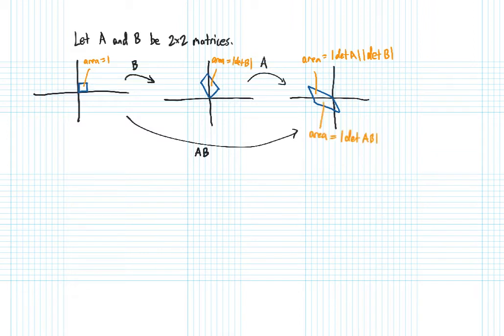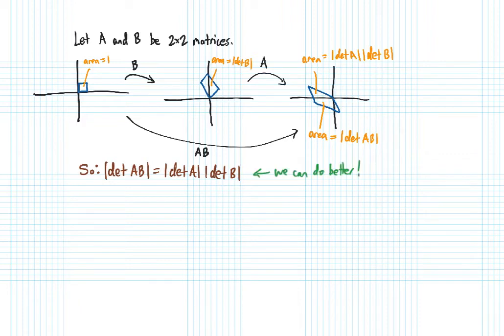So looking at it that way, we would say that the area of the parallelogram is the absolute value of the determinant of AB. Both of these things are true, so we can conclude that the absolute value of the determinant of AB is equal to the absolute value of the determinant of A times the absolute value of the determinant of B.